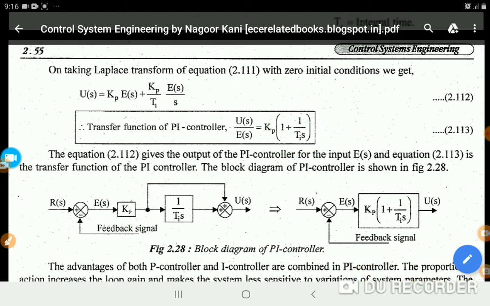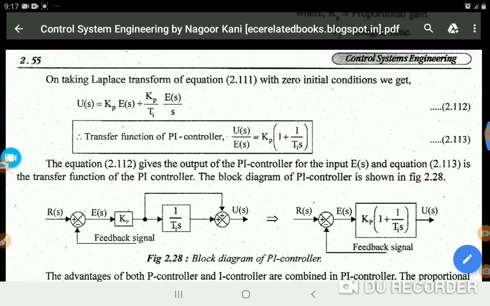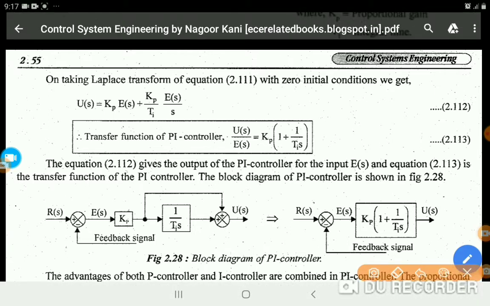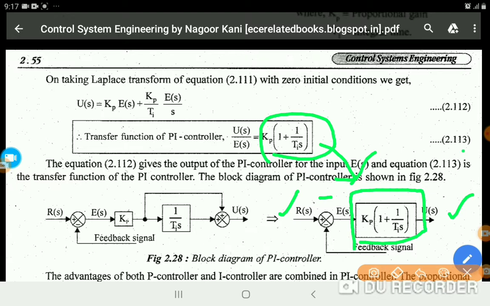Then it becomes Kp into 1 plus 1 by Ti s. Students, nothing to worry. If you have confidence, you can proceed with this step, or you can easily understand that this is the gain of a block. So simply R of s, simply U of s. The gain of the block is Kp into 1 plus 1 by Ti s. Input is E of s for the controller. You can simply transfer the block diagram like this also.